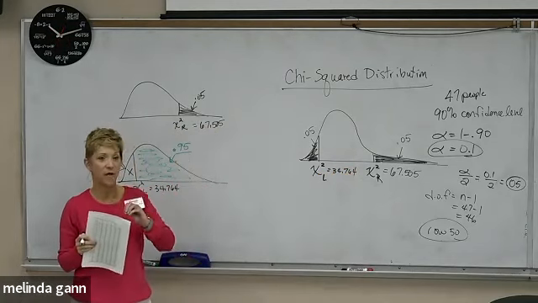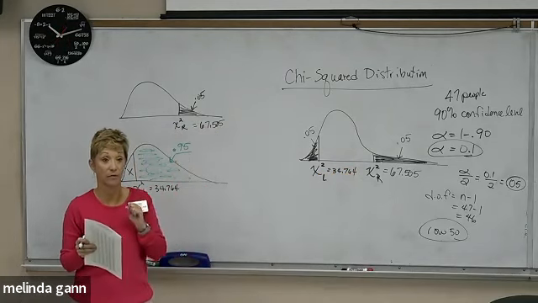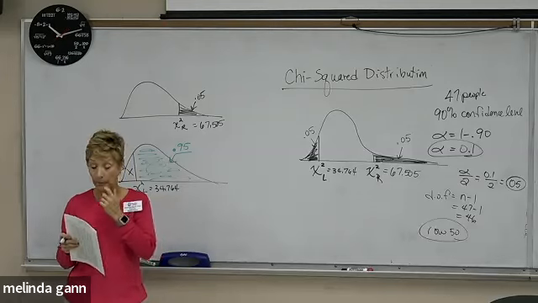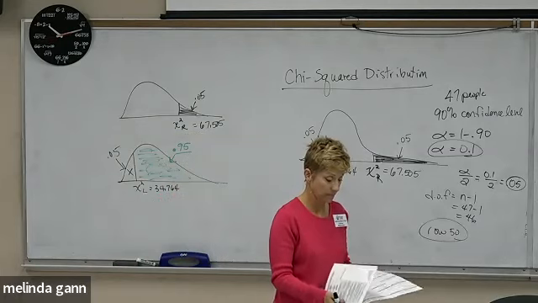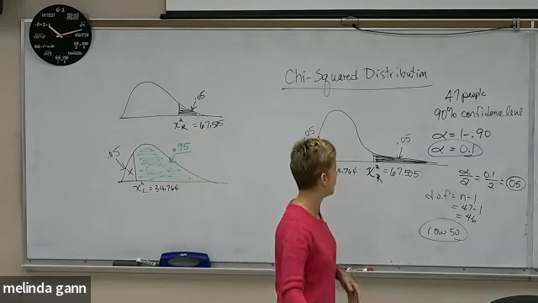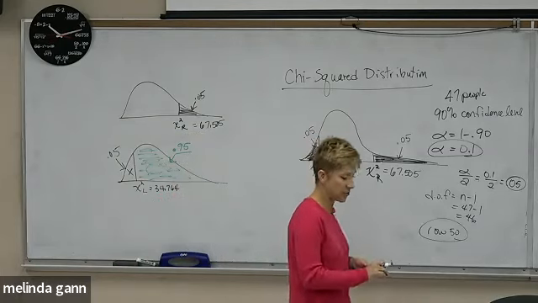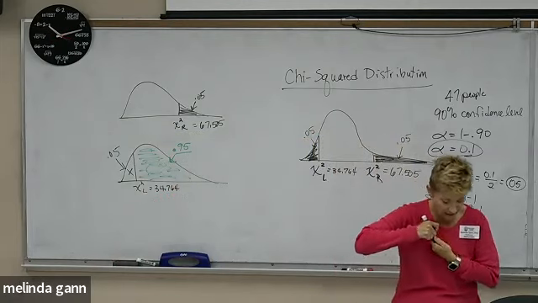So does everybody feel comfortable reading the table, finding the chi-squared numbers? Are we good? All right, now let's go work the problem. After we get the problem worked, I'll go back and talk about this chi-square distribution for just a second to clarify a couple things.